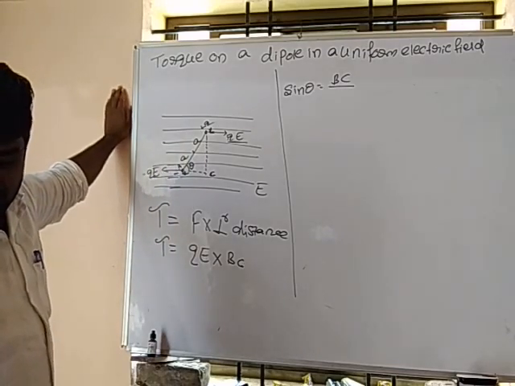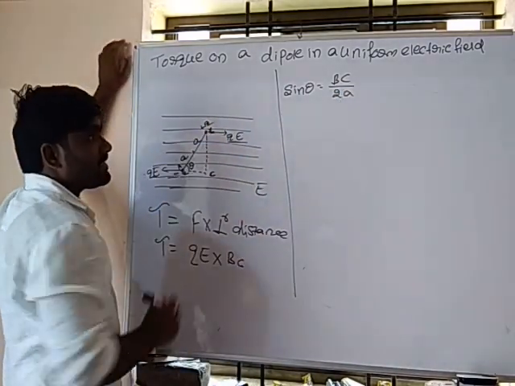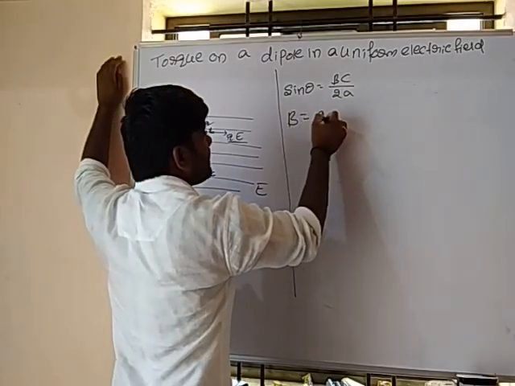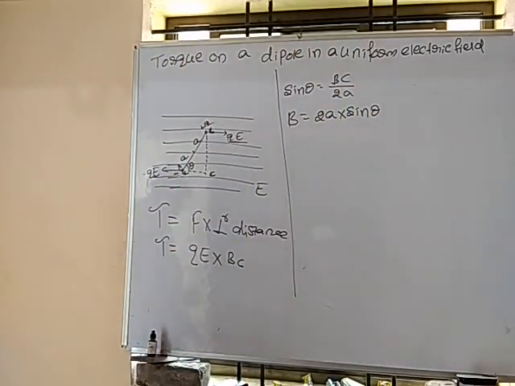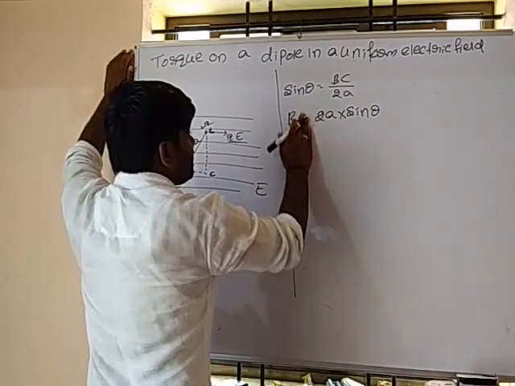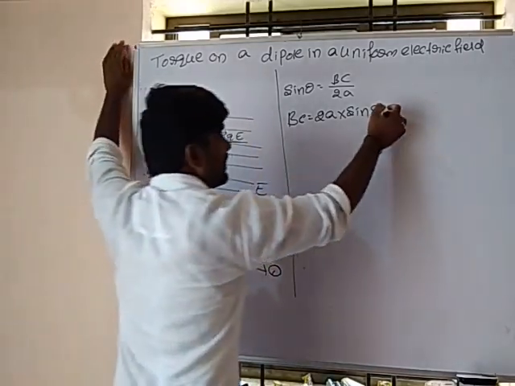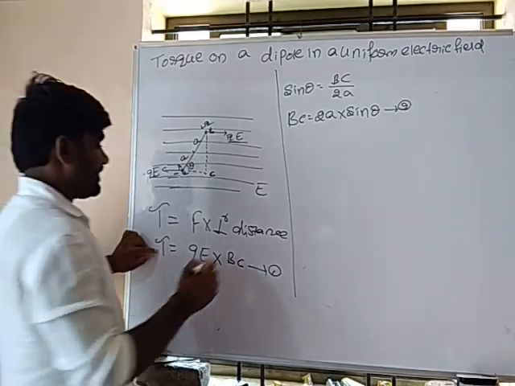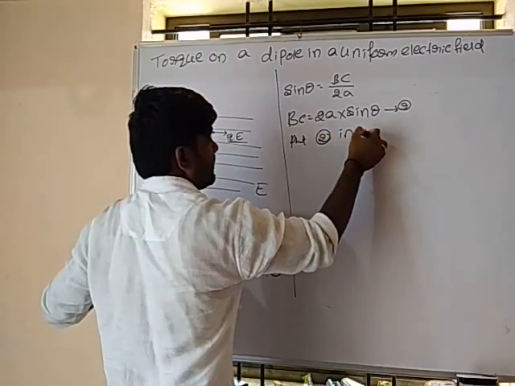So BC is equal to 2A into sin theta. Let us call the torque expression equation number 1, and this BC value equation number 2. Put equation number 2 in 1, put the value of BC.